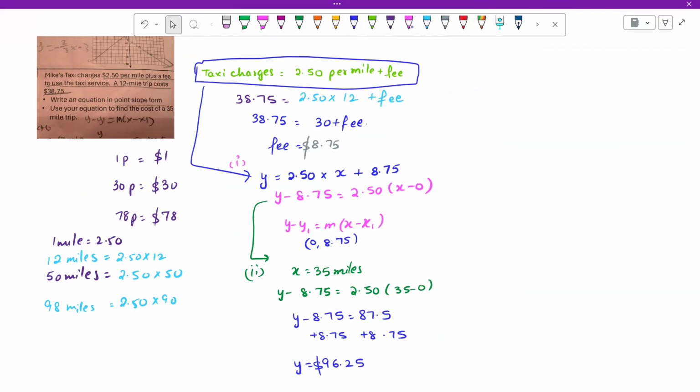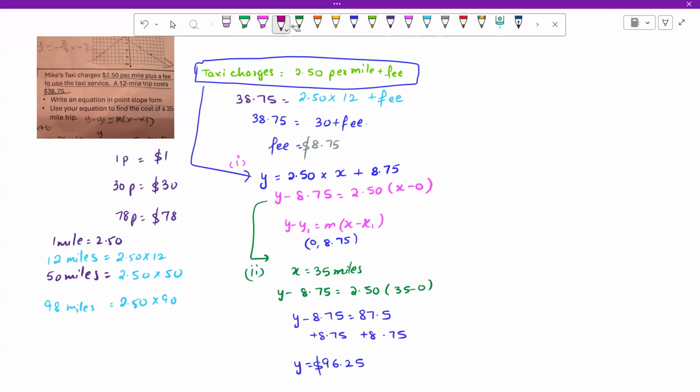So in this question, they are saying Mike's taxi charges $2.50 per mile plus a fee to use the taxi service. Now we just wrote it down. Taxi charges are $2.50 per mile plus some fees. So we wrote down the original equation because this is what is going to give us the main equation.